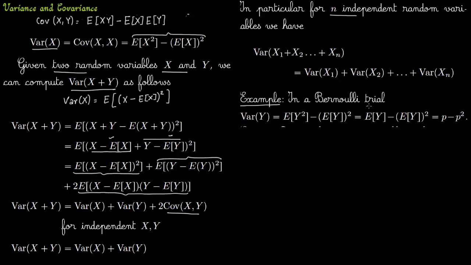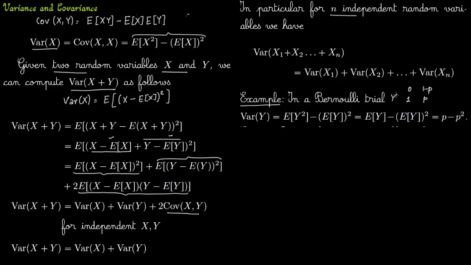In a Bernoulli trial, say y is the Bernoulli random variable. That is, it takes two outcomes, 0 and 1. Probability of 0 is 1 minus p. Probability of 1 is p. So variance of this variable is expectation of y square minus expectation of y whole square.